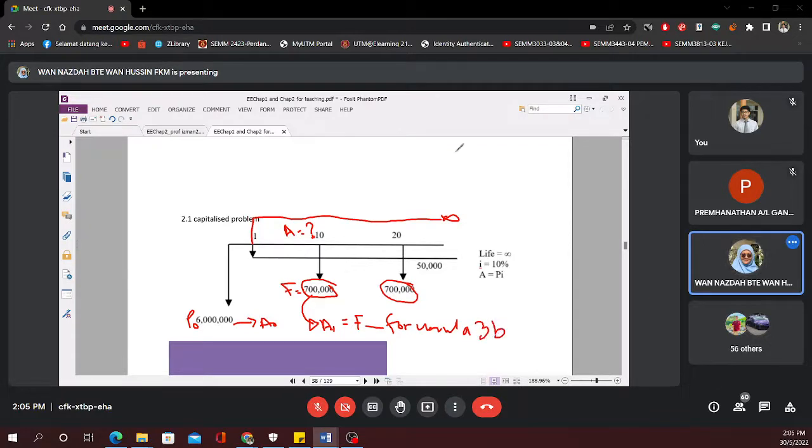All right, for this one, I equals 10 and N equals 10 as well.